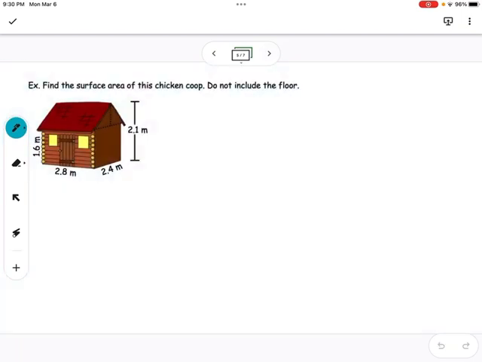Okay, so next question, we have the same chicken coop again. This time it's asking us to find surface area, but do not include the floor. So we need to include all pieces except the floor.